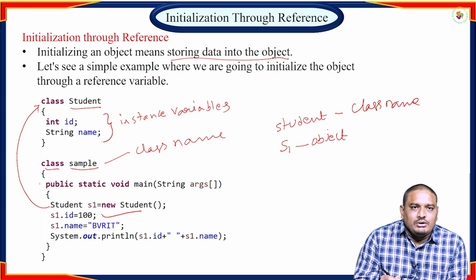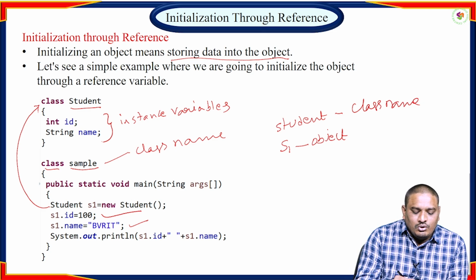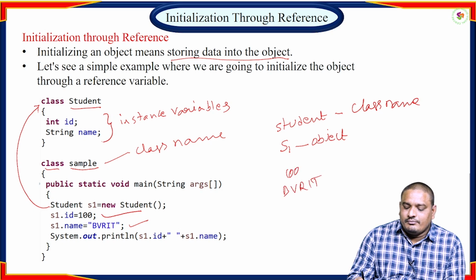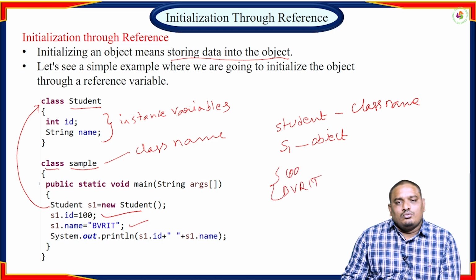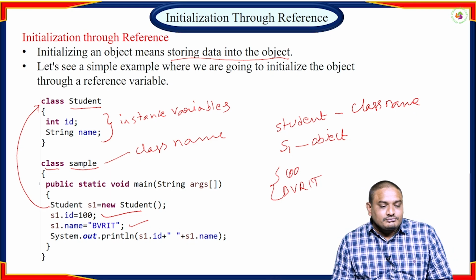How to invoke the variable: s1.name equal to bvrid. The final output is that both values are displayed on the terminal. What are the two values? 100 and bvrid. This is the output through the reference variable.